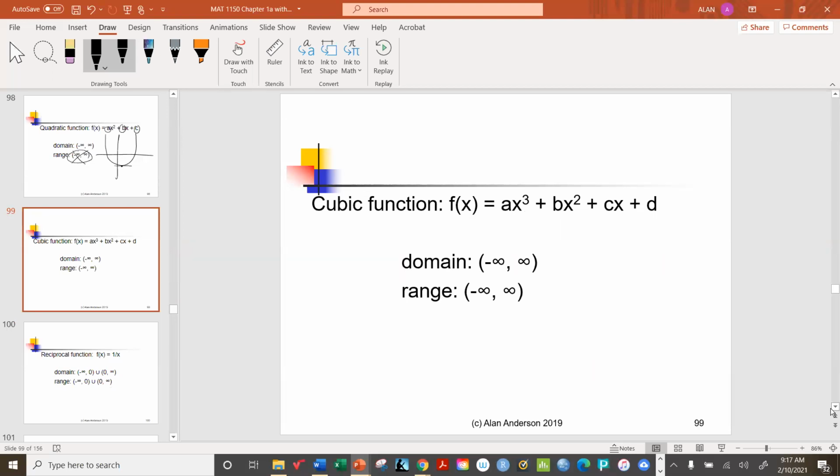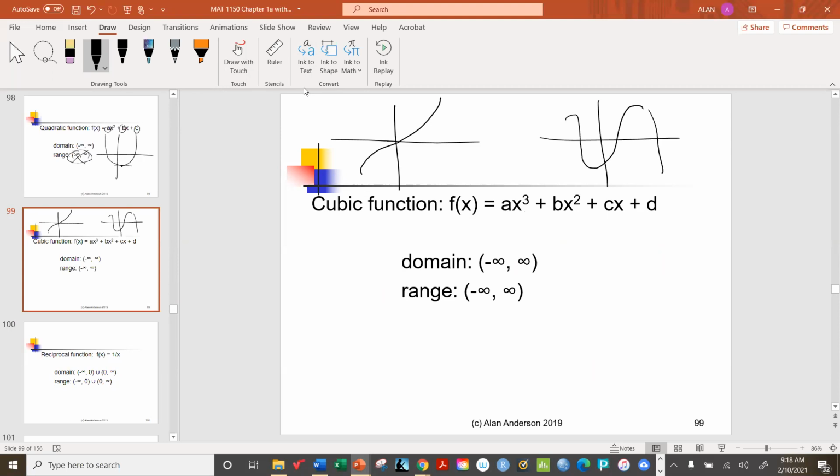One of them looked like this. And one of them was kind of like this. But there's no limit to how far it can go up on either axis. So this is fine.